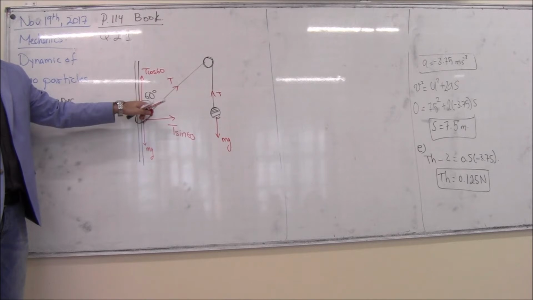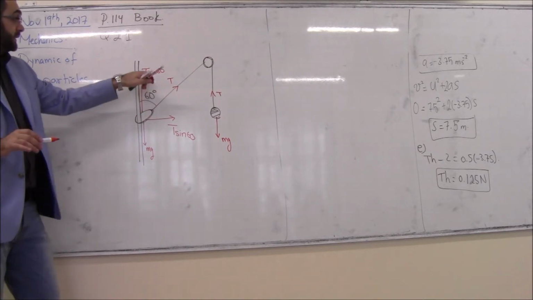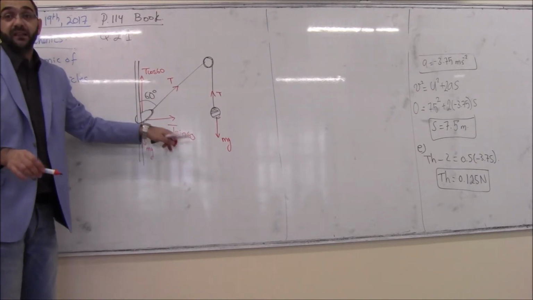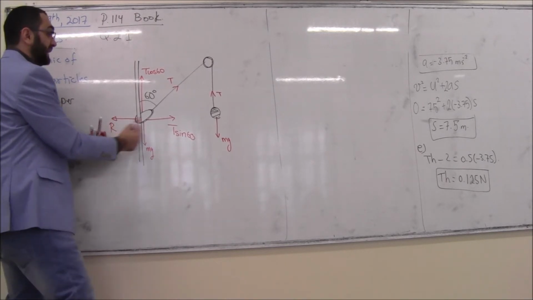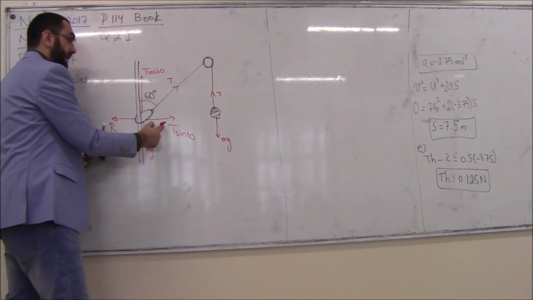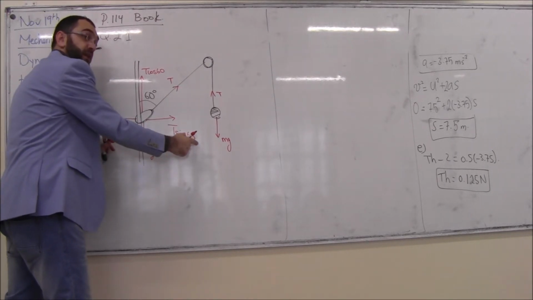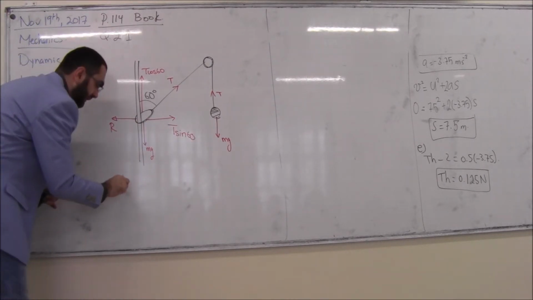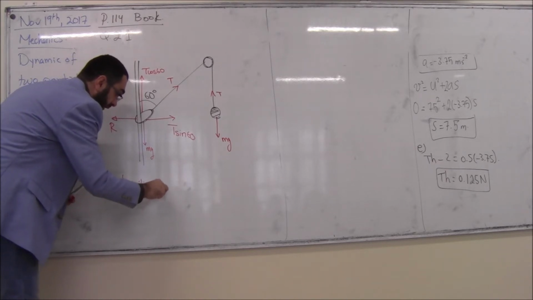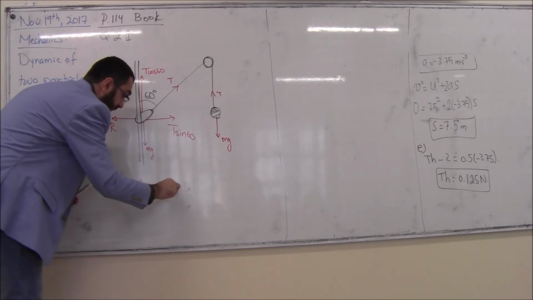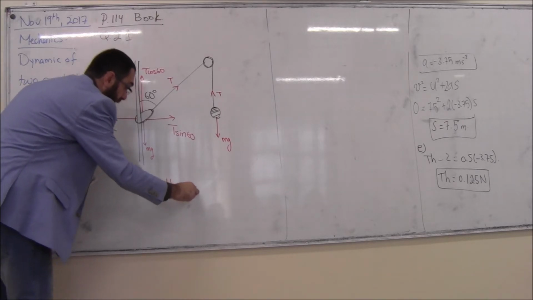Look here, guys, girls, look. Definitely, the normal will be on this side. T sine 60 should be balanced because this is limiting equilibrium. In limiting equilibrium, opposite forces must be equal.